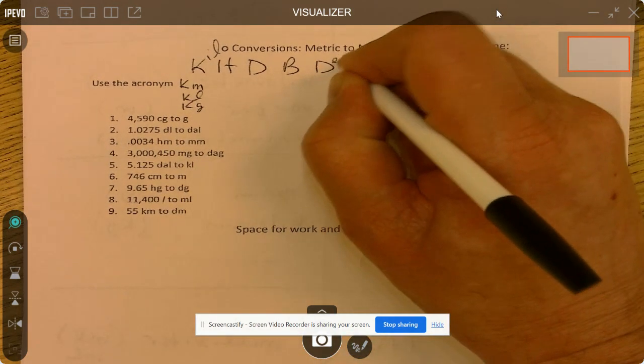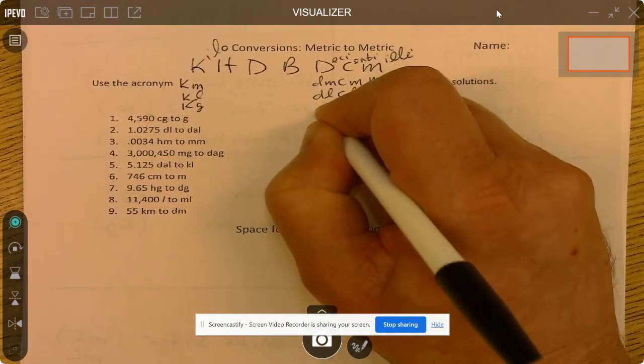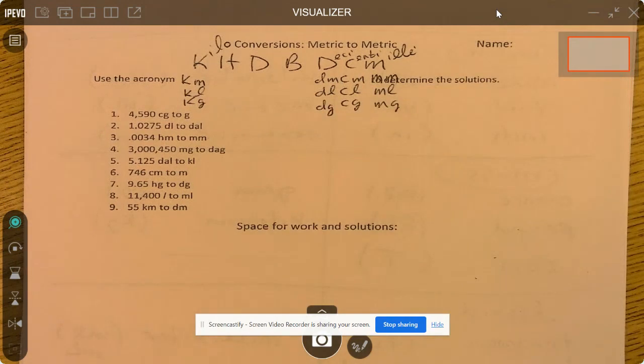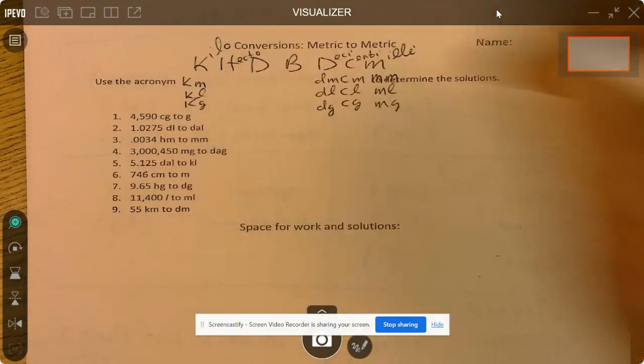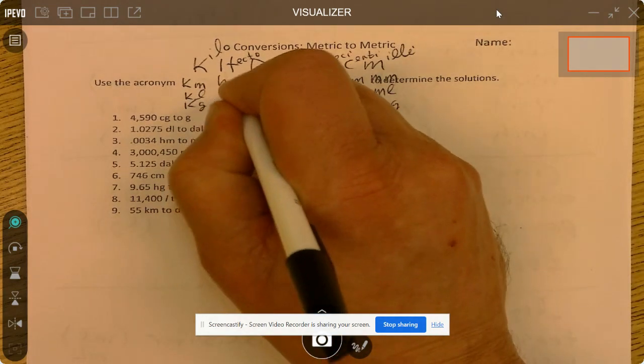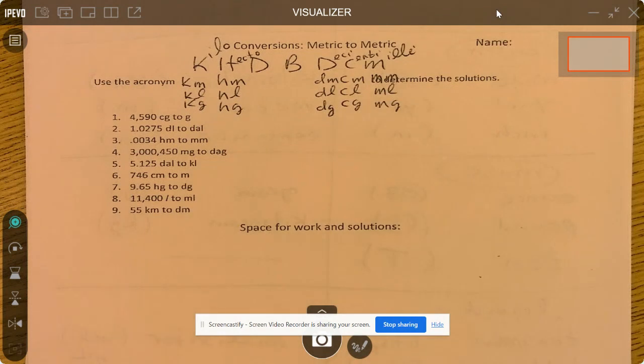This D is called deci, and that would be decimeter, deciliter, or decigram. Notice they all have a letter in the front. H stands for hecto, because we have a hectometer, a hectoliter, or a hectogram. If kilo is the biggest, hecto is one size less than the biggest.